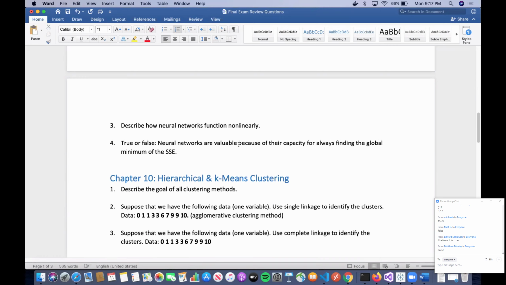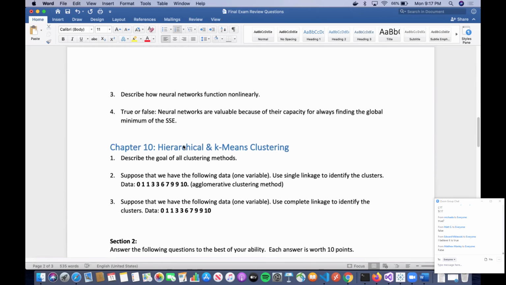So we talk about the sigmoid function, and this function produces an output that is not necessarily linearly related to its input. And that's how it happens really. It's done through this activation function, the sigmoid function.